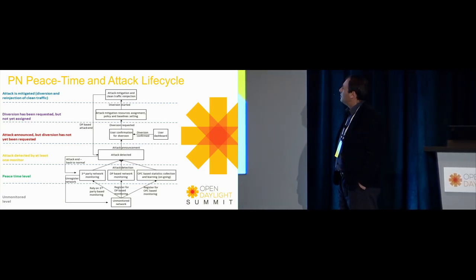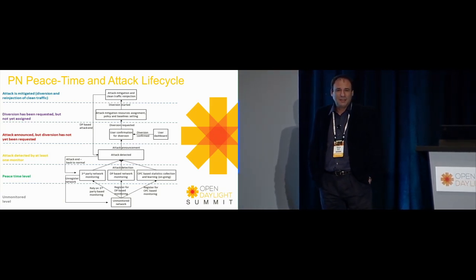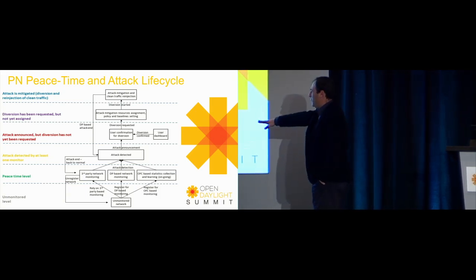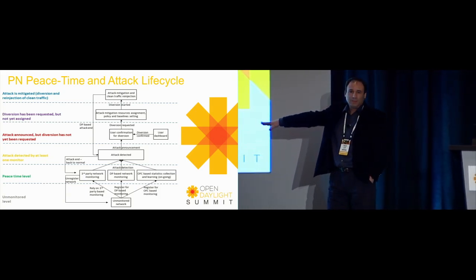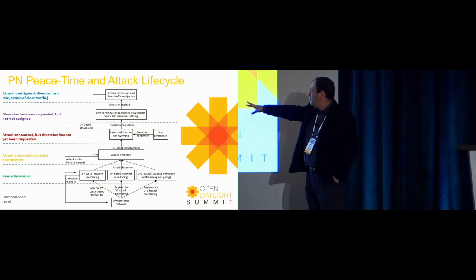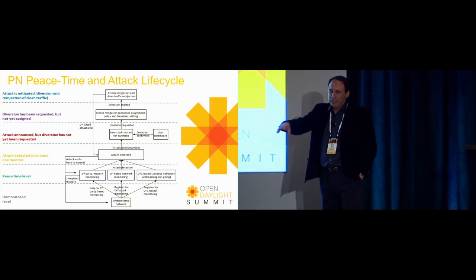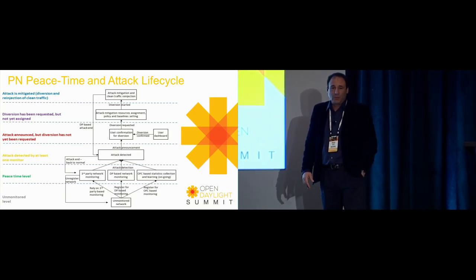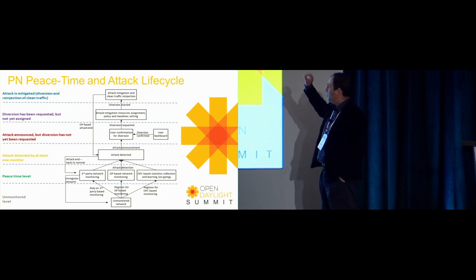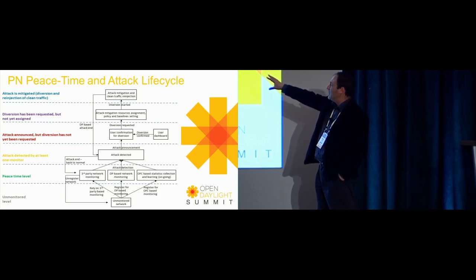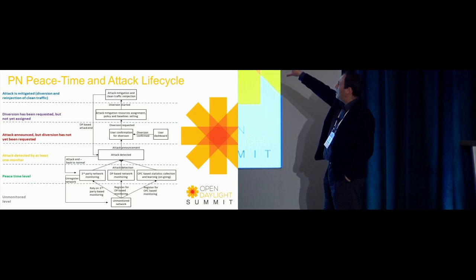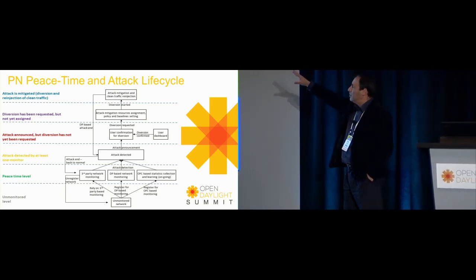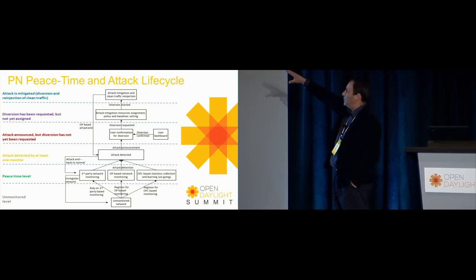The PN lifecycle, right? It starts from anything that is unmonitored, peacetime, where you collect statistics and look for attacks, detections of attacks, announcement before the traffic redirection or any other mitigation.